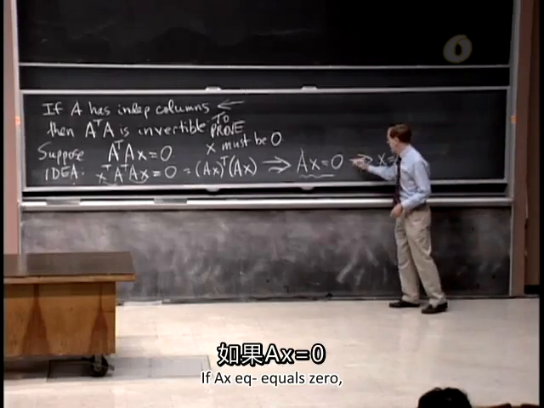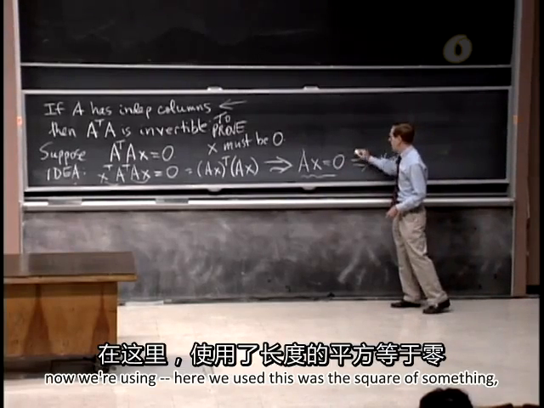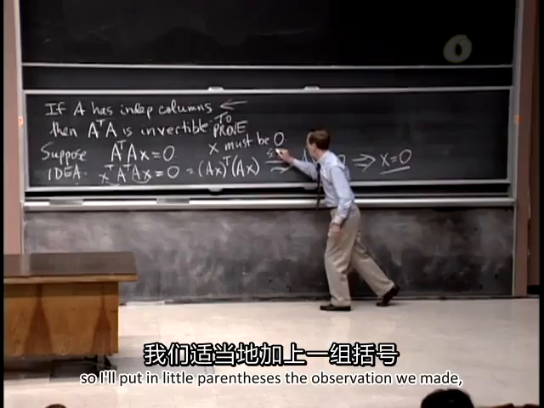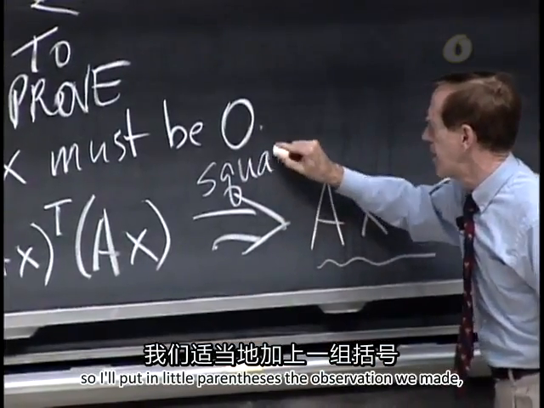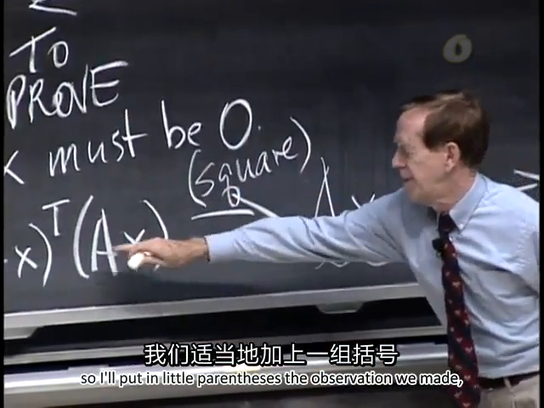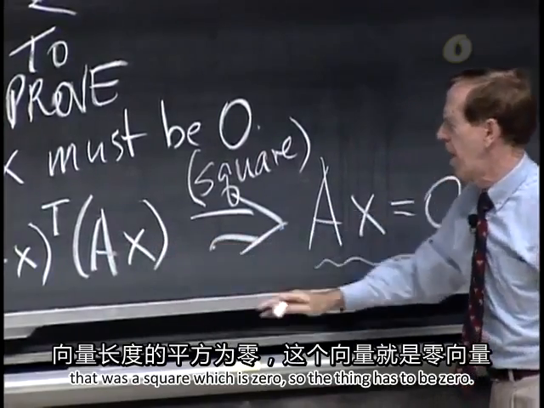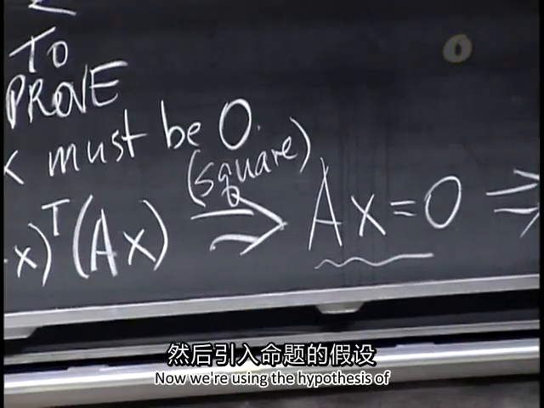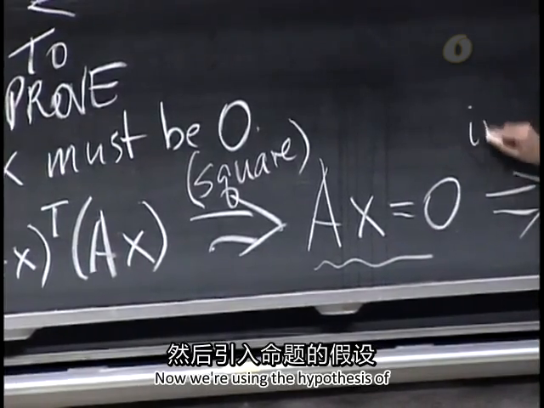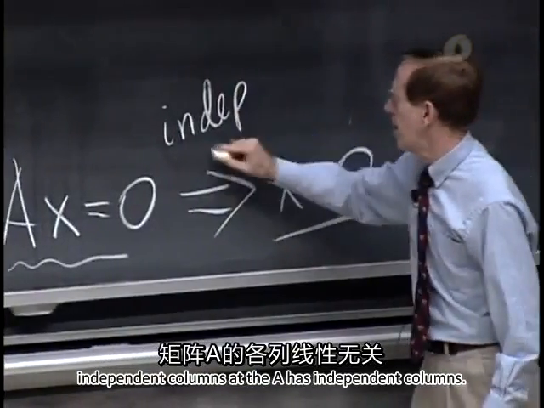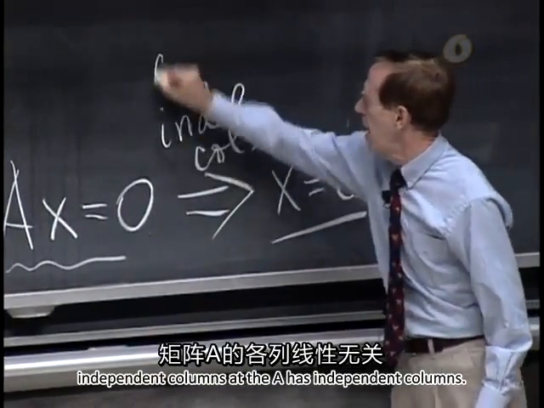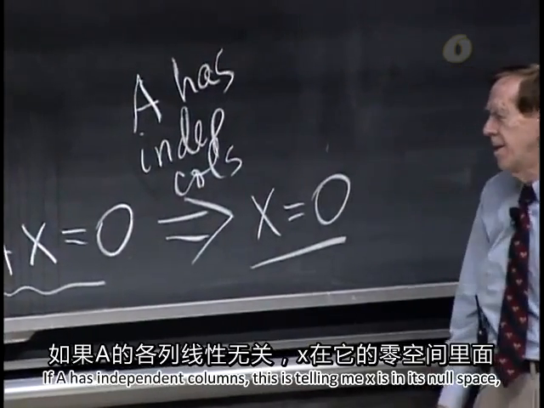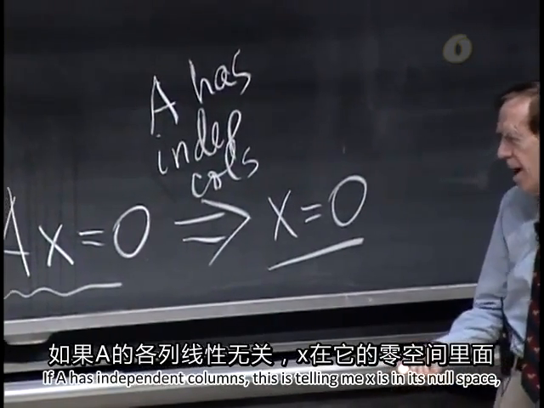If Ax equals 0, now we're using, here this was the square of something. So I'll put in little parentheses the observation we made. That was a square, which is 0, so the thing has to be 0. Now we're using the hypothesis that A has independent columns.